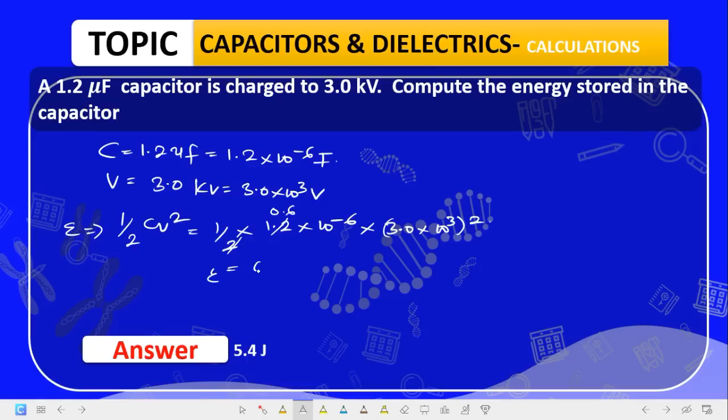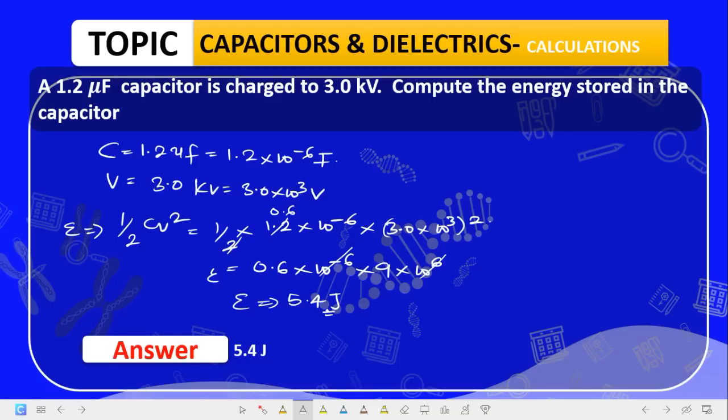So your E is 0.6 times 10 raised to the power of minus 6 times 9 times 10 to the power of 6, since 3 squared is 9 and 10 cubed squared is 10 to the 6. We cancel out 10 to the power of 6. 9 times 0.6 is 5.4 joules.